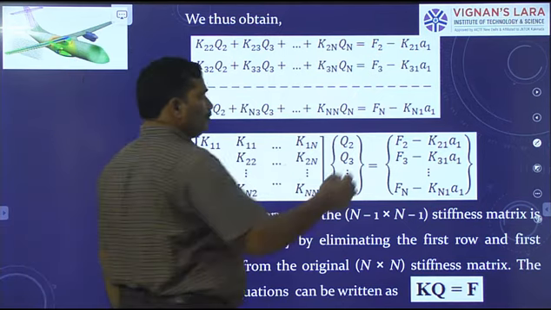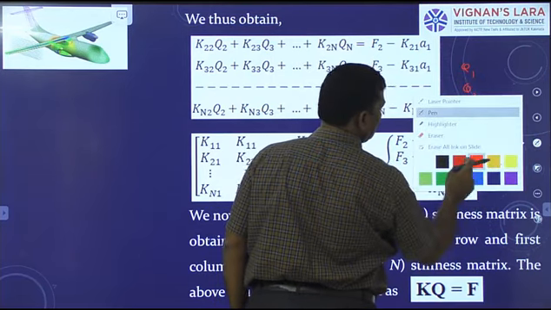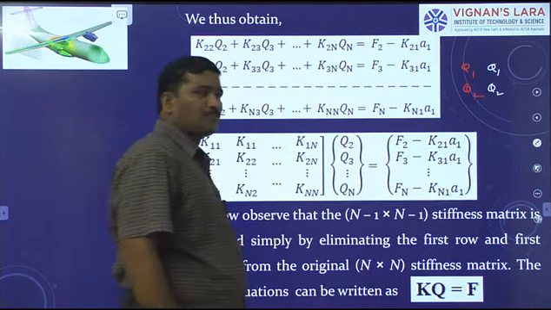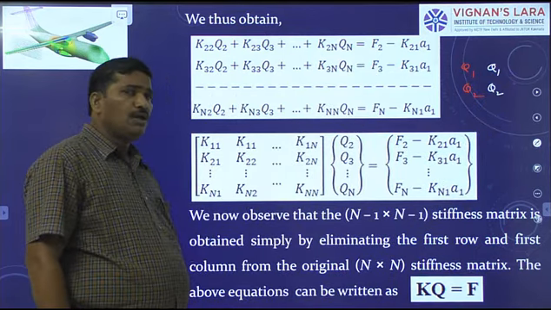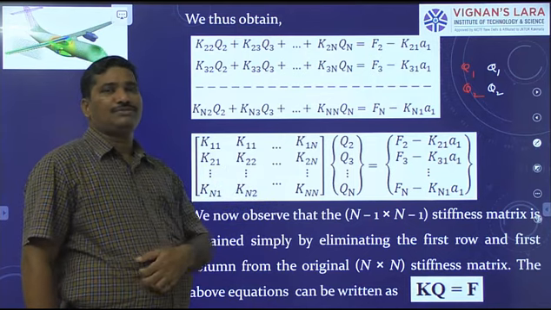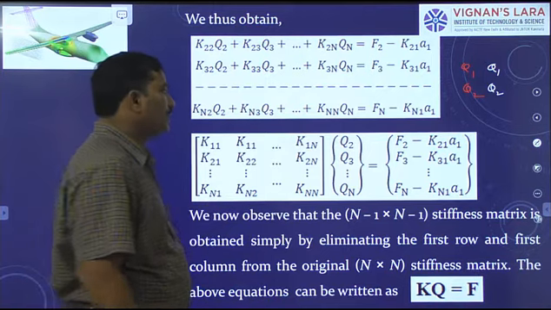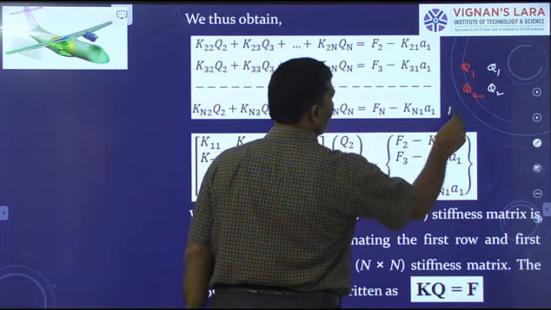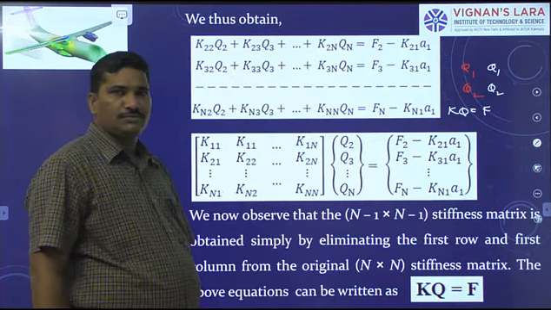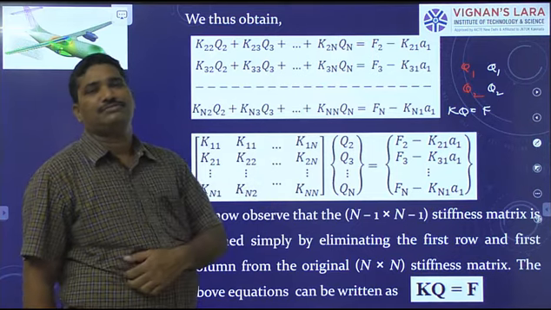If Q1 and Q2 are the known displacements, then you have to eliminate their corresponding rows and columns of the equations of equilibrium KQ equal to F, and write the remaining equations.